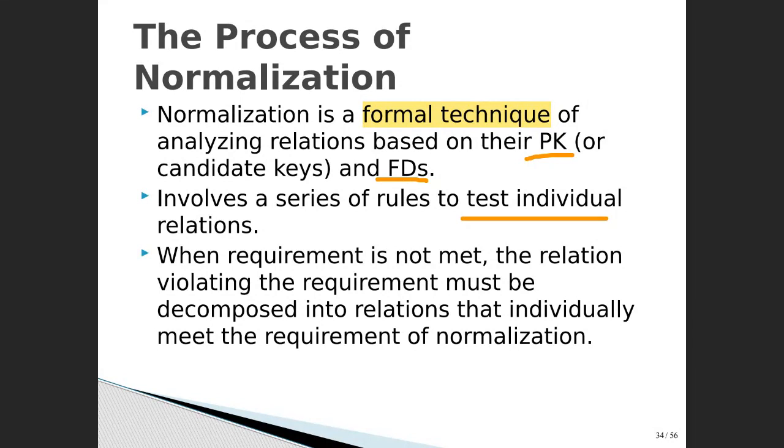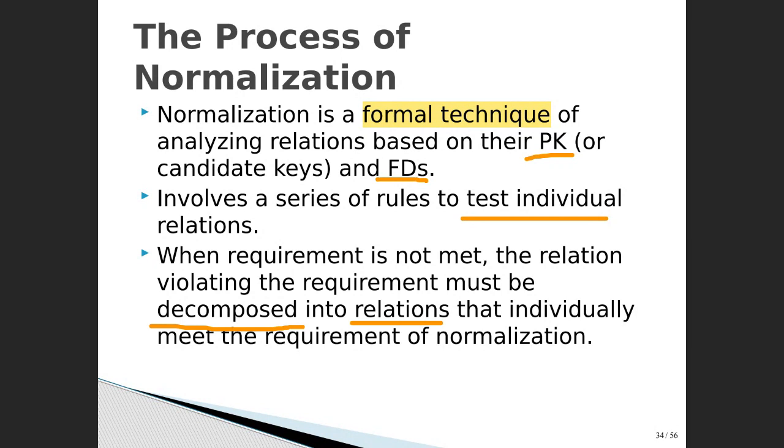If we decompose it into relations, then the requirements for normalization will be met. So what does normalization require from the relation? It requires that there will be no repeating group or redundant data among the relations. If this requirement is not met, then it must be decomposed into other relations.